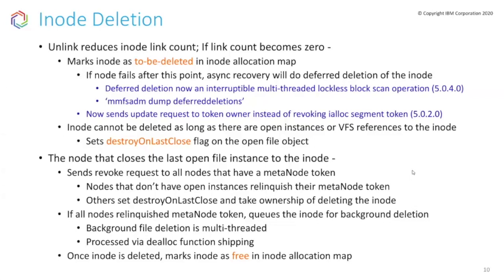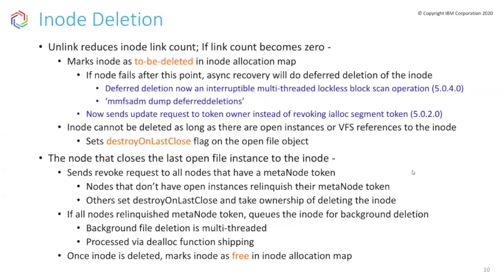Before we go there, this to be deleted state is there to protect the inode cleanup in case the node goes down right after you set the flag. So you set the to be deleted state, and now the node goes down, which means you probably lost all the in-memory references to the file, or not, depending on whether other nodes still have references to that same file.